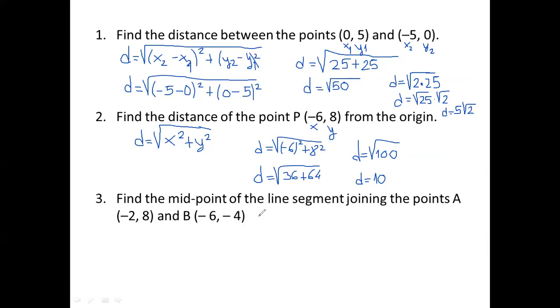And for the third one, we need to find the midpoint. I'll write down the formula first. The formula for the midpoint M will equal (x1 plus x2) divided by 2, and (y1 plus y2) divided by 2.